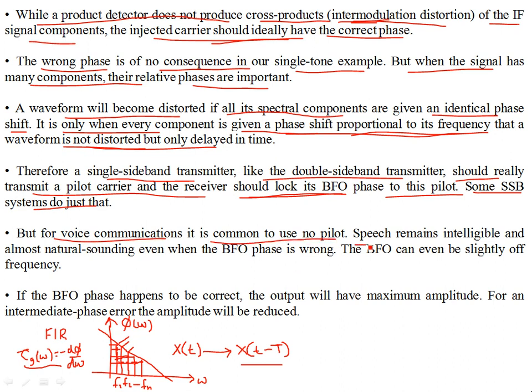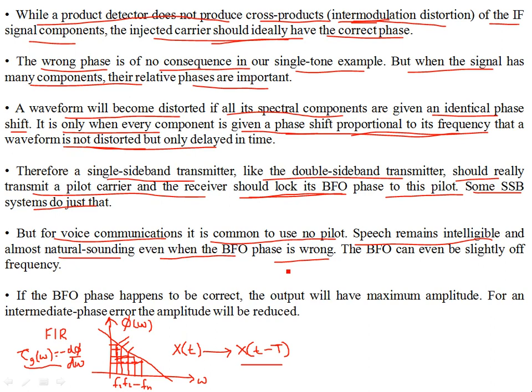Why? Because speech remains intelligible and almost natural sounding, even when the BFO phase is wrong. So even if the phase is off by some radians, by some degrees, it's not a big problem because the human ear does not differentiate the phase distorted output from the original audio.